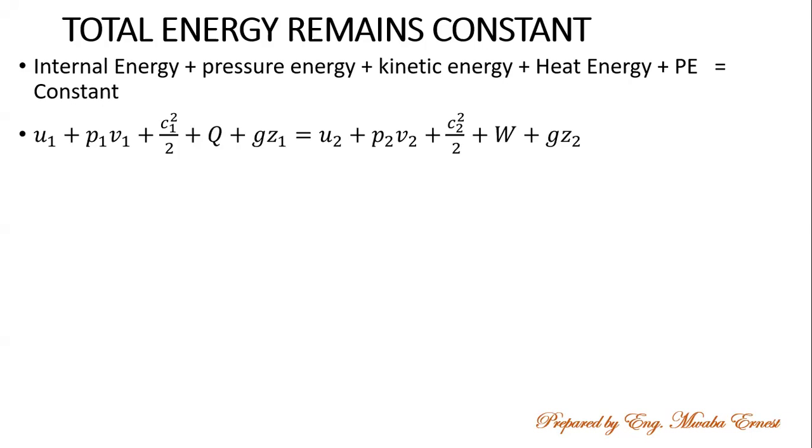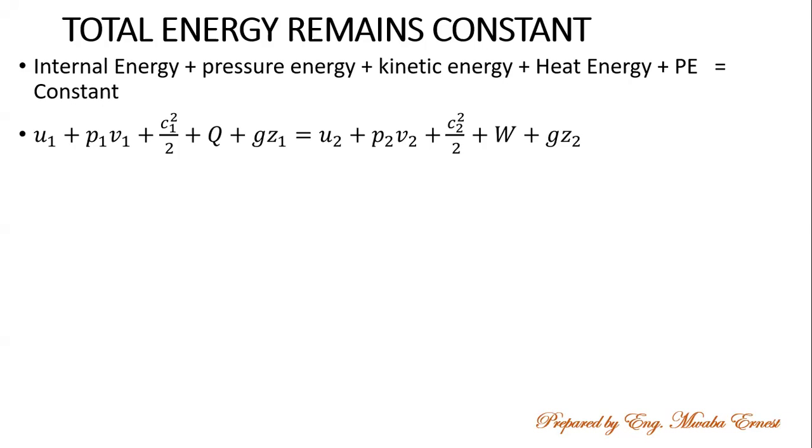Then we also have the kinetic energy. The formula is half mv squared. Now, in this case, the mass is equal to 1 kg. And hence, in place of v, we use the letter c. So that's why we have c squared over 2. Where is the mass gone? The mass is 1 kg, so it has been swallowed up. We just remain with c squared divided by 2.